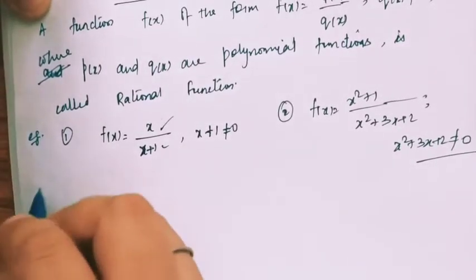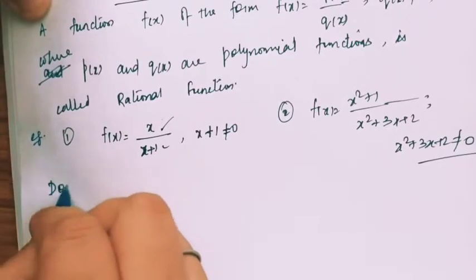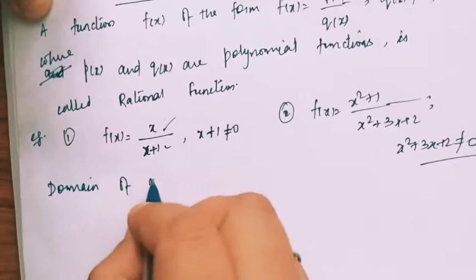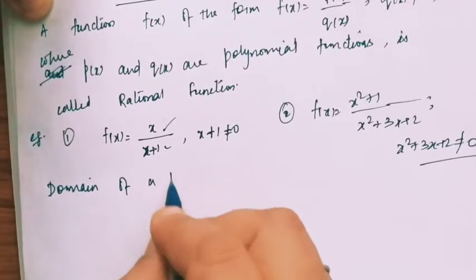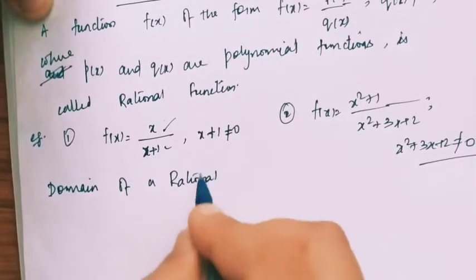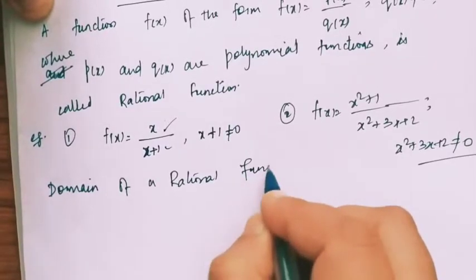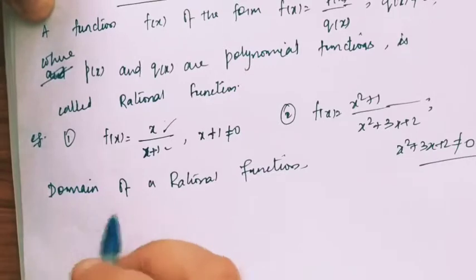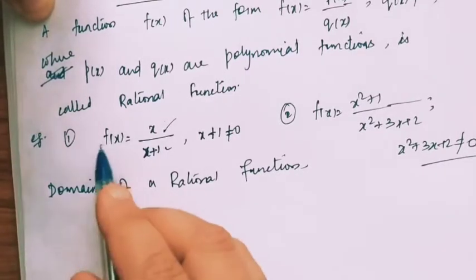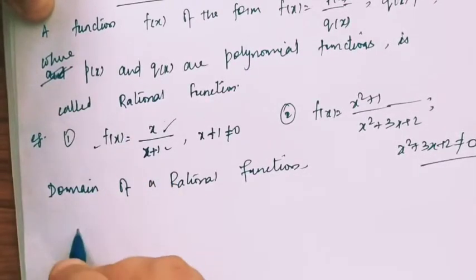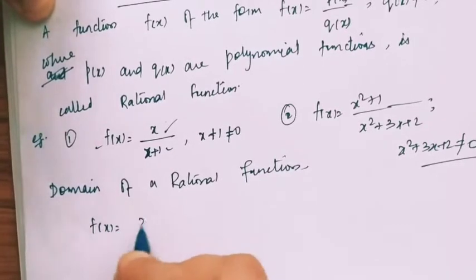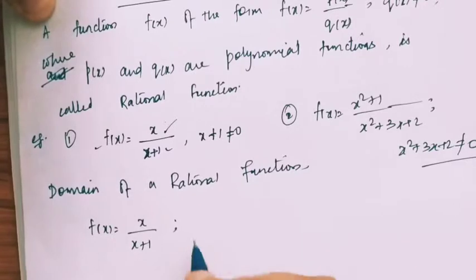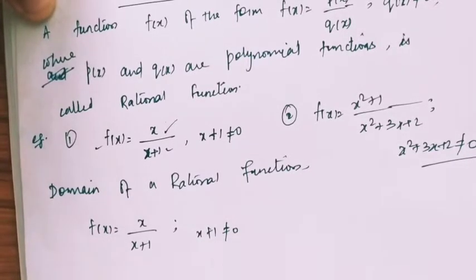Now we will look at the domain of a rational function. Again we recall the definition of the domain of a function. For example, take f(x) equal to x upon x plus 1, where the denominator should not be equal to 0.